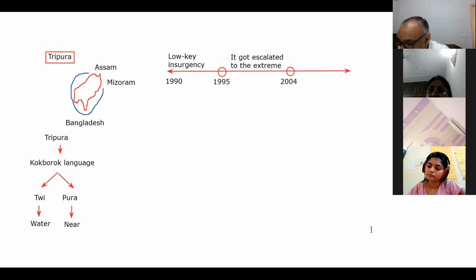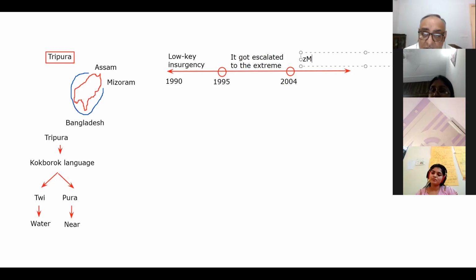And after that, from the year 2004 onwards the meltdown started, the meltdown of insurgency in the state started. So ये एक ऐसा phase है, meltdown started.